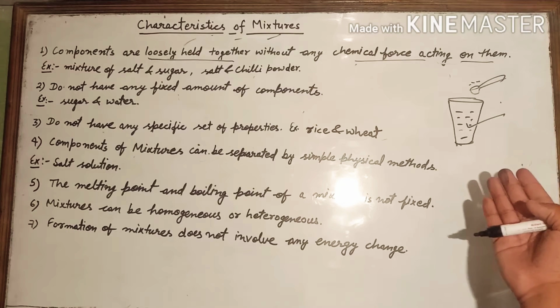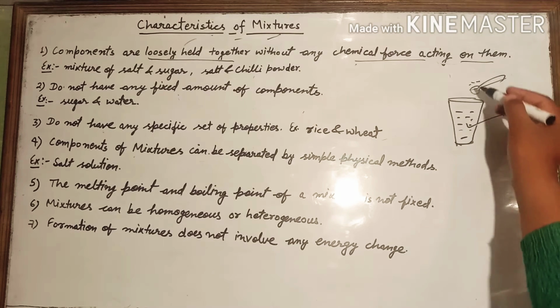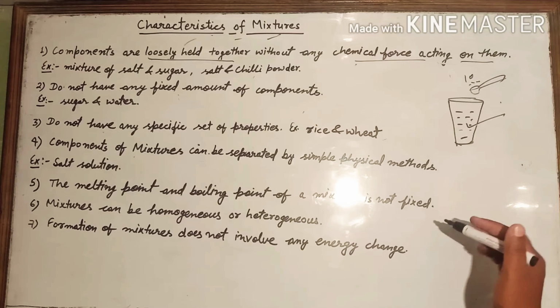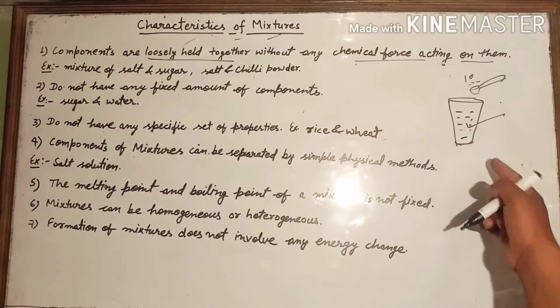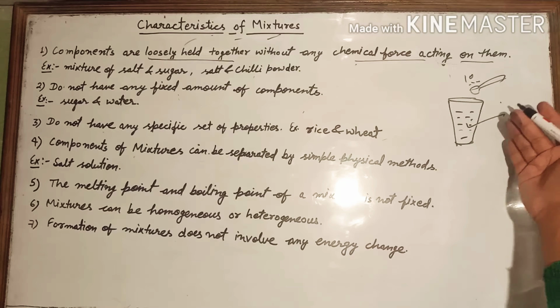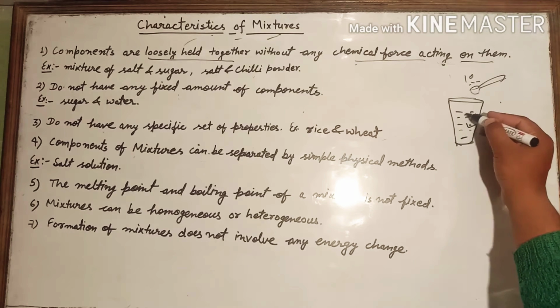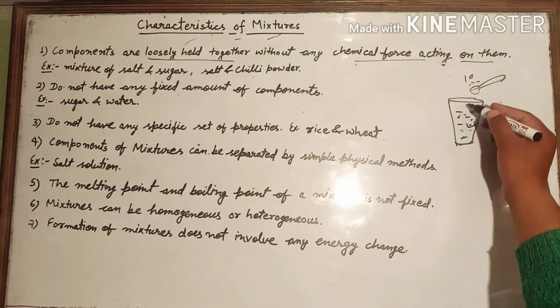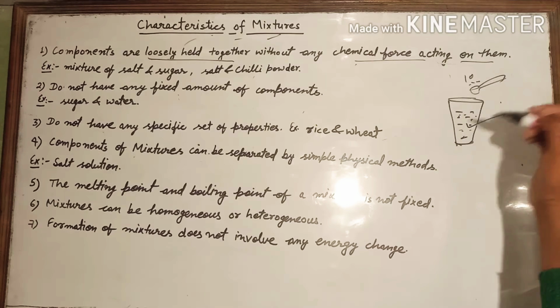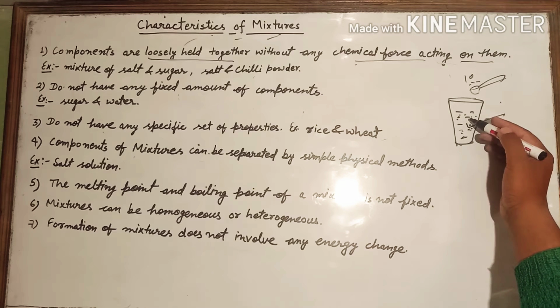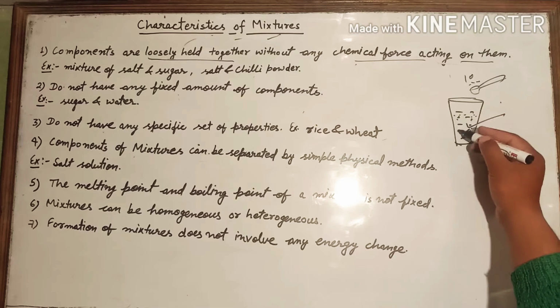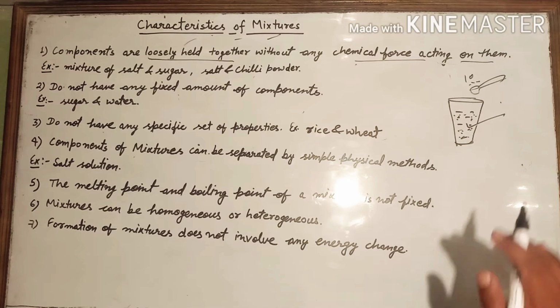If you add 10 spoons, it will again remain a solution of sugar, but the sweetness will be high, meaning the concentration of the components will have increased. So we can say there is no fixed proportion of the components in this solution.